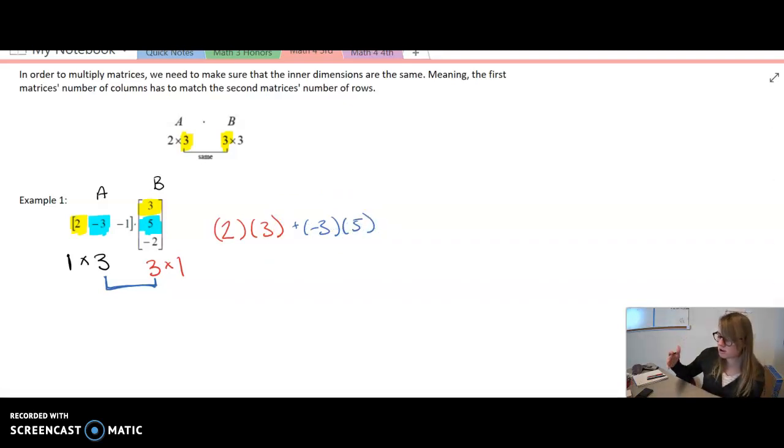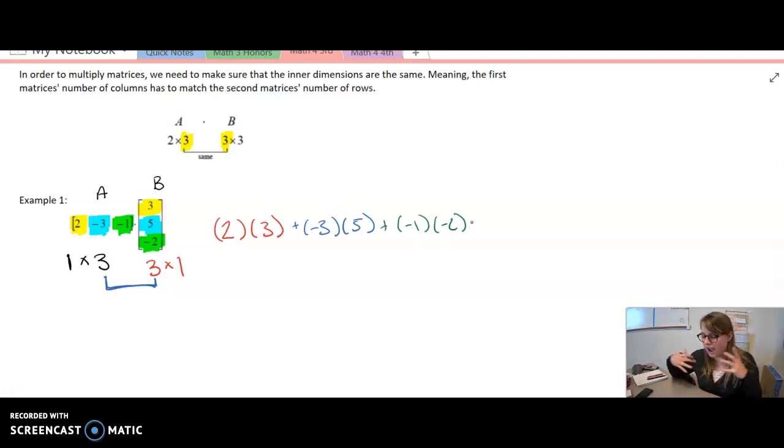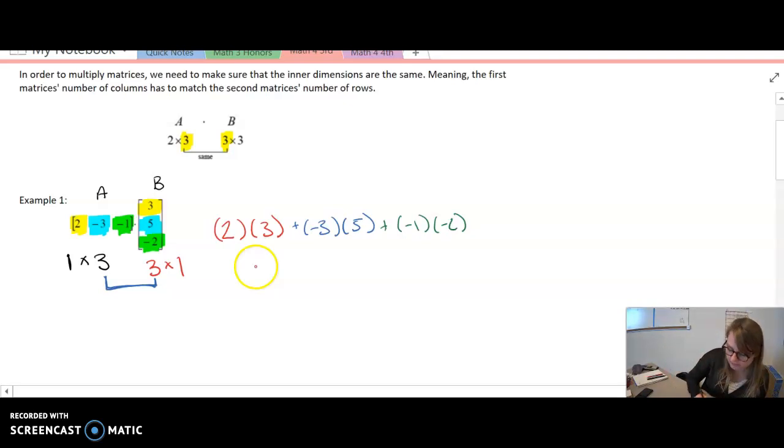And then we do the third column with the third row, which is -1 times -2. Then you take these numbers and add them all together once you multiply them. So we're going to have 6 plus -15 plus 2, and when we add them all together we get -7.